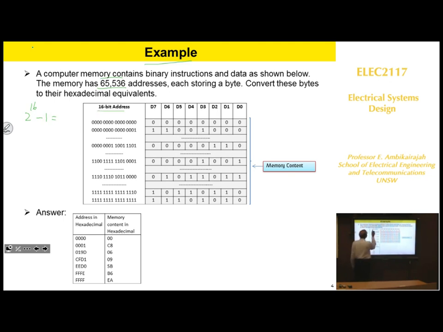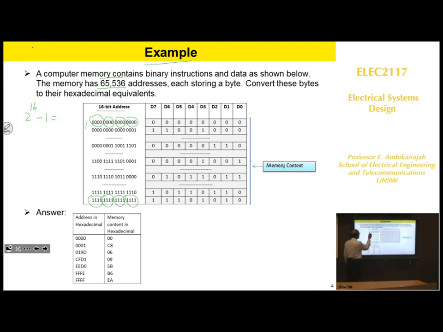So let's start with the 16-bit address, 4, 4, 4, 4. That's the least address, or the first address location of the memory. And the last one is all ones, 16 bits.